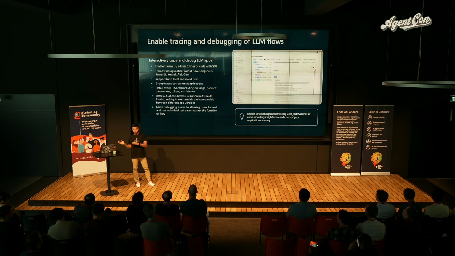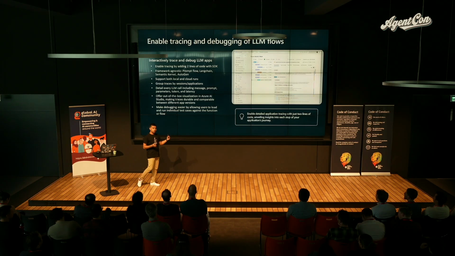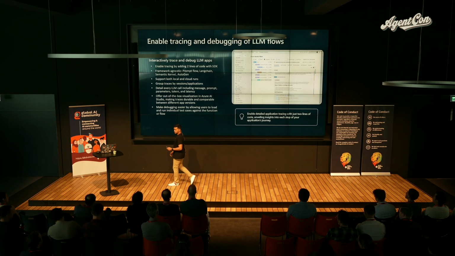But to be honest, you also need to do a little bit of config. So 2 lines of code is right, but you also need a bit of config to make sure you can add it to any orchestrator framework that you're using: Semantic Kernel, AutoGen, LangChain, Llama, it doesn't really matter. And it looks like this.